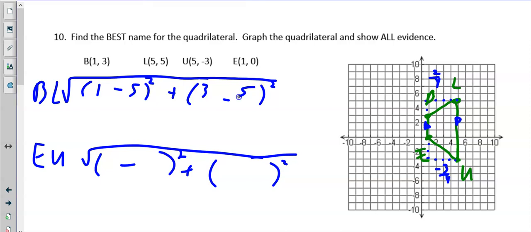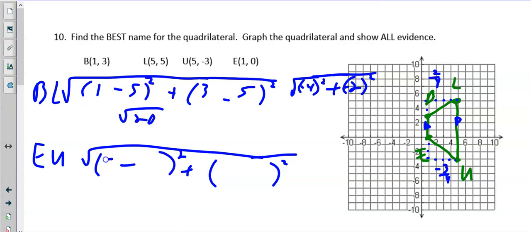So 1 minus 5 is -4 squared. And 3 minus 5 is -2 squared. So that's 16 plus 4. That's the square root of 20.